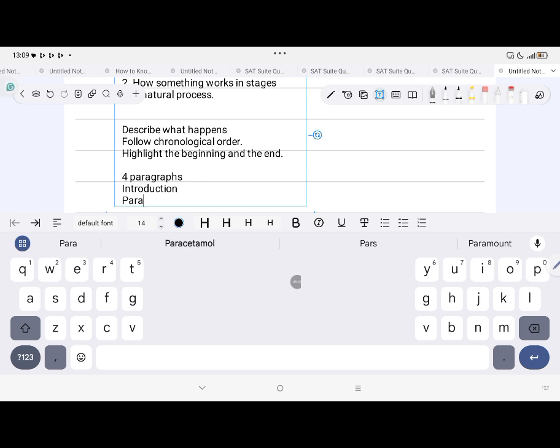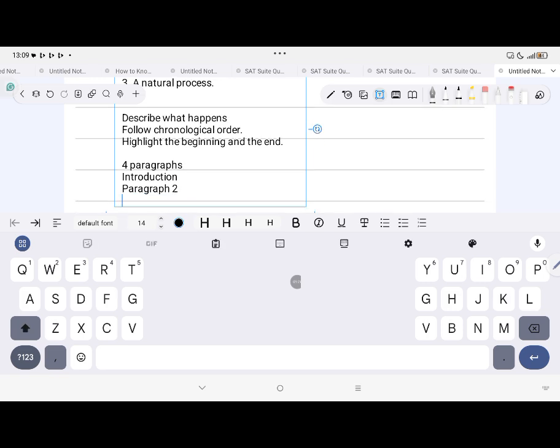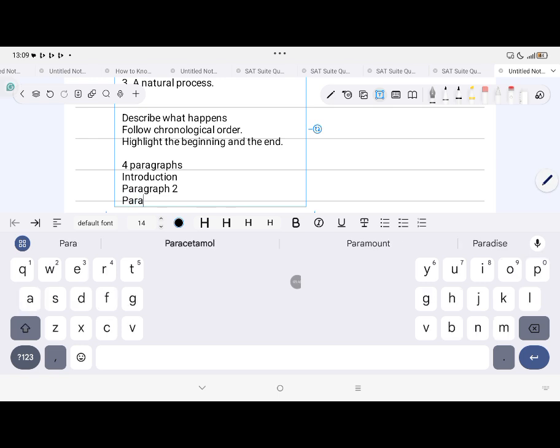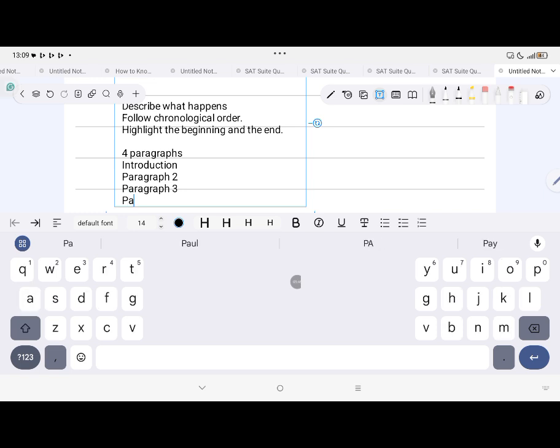Also, remember that it's supposed to be a minimum of 150 words, which means you're not expected to write a lot of words. So you want to stay within the 150 to 180 range.